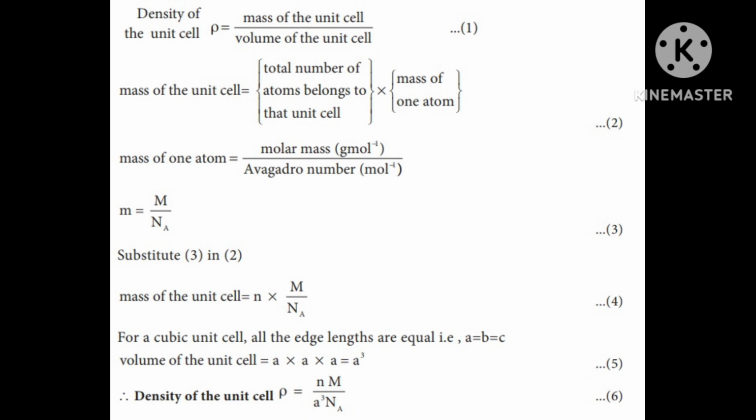There are actually 4 concepts. The first concept: if any substance is existing in gaseous form, many atoms will be there in the gas, then the volume at STP, standard temperature and pressure, is equal to 1 mole. That is one relation.